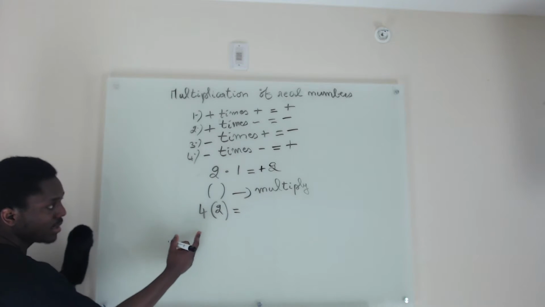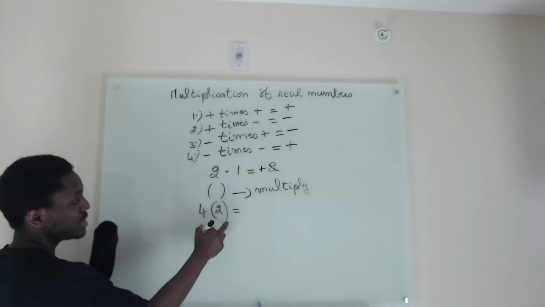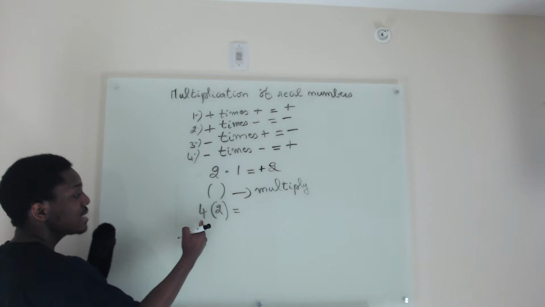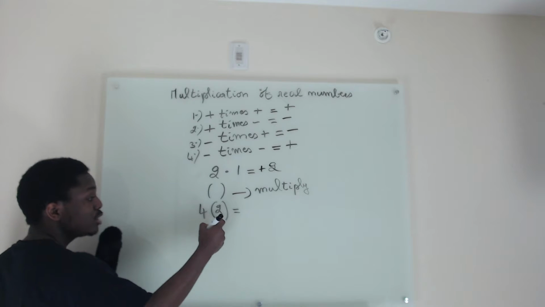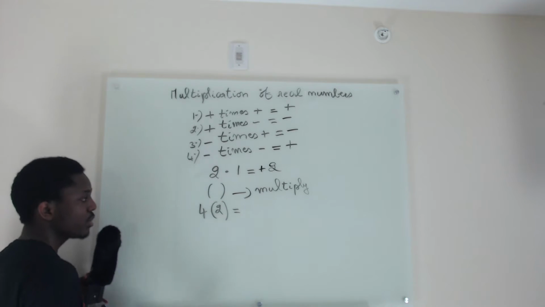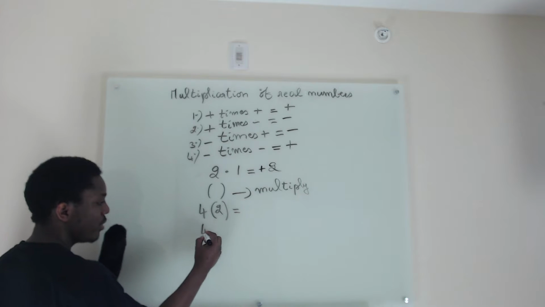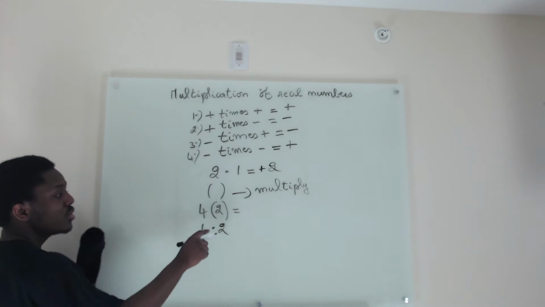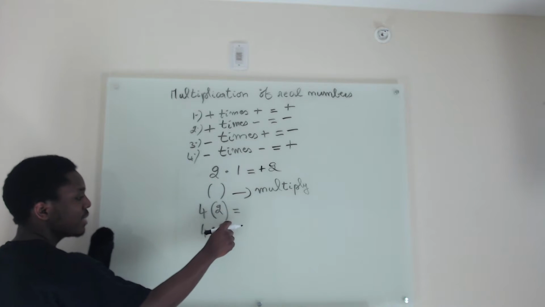Since there are parentheses here, it means take the number 4 and multiply it by the number 2. So that's the meaning of these parentheses.